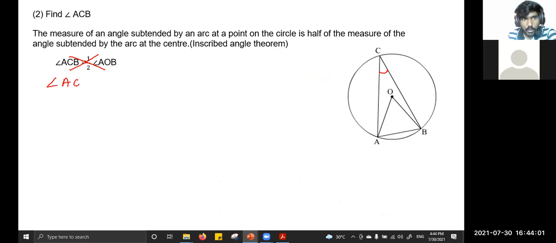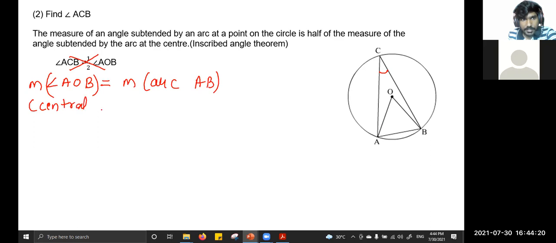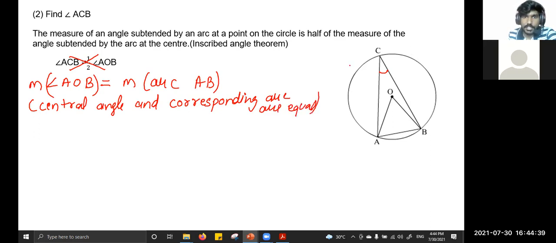Measure angle AOB will be equal to measure arc AB. This you can say is because the central angle and the corresponding arc are equal.